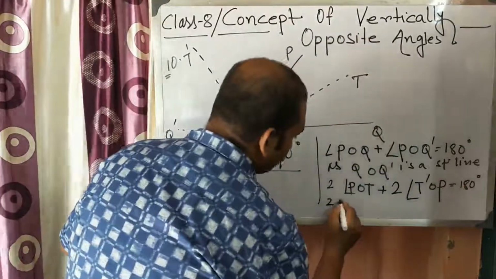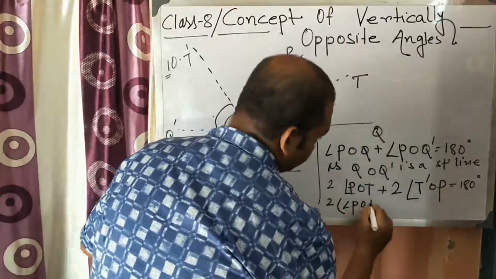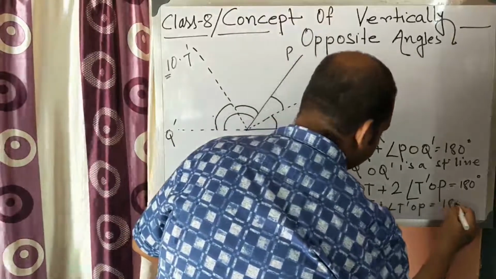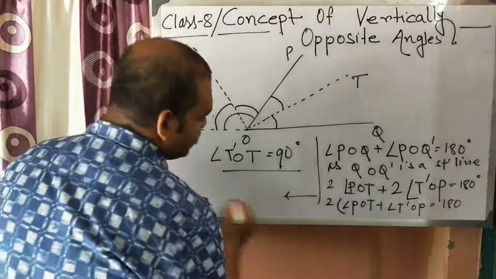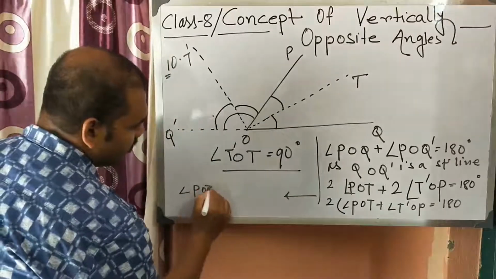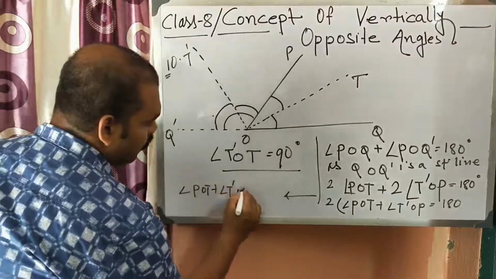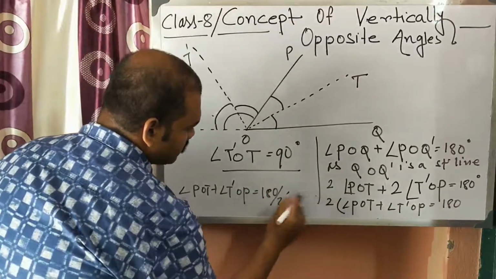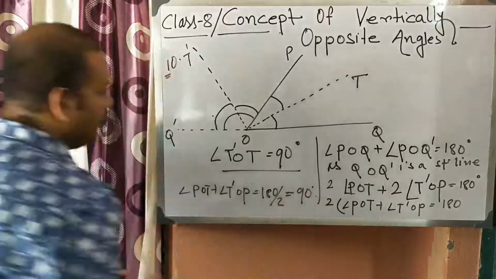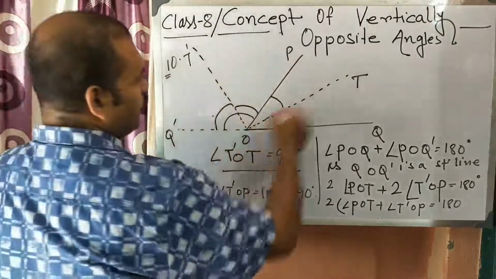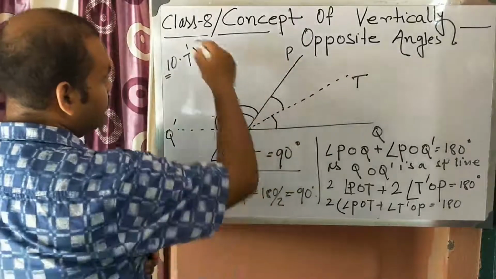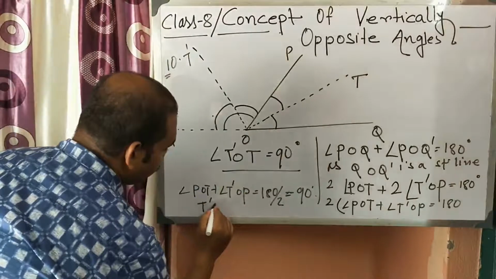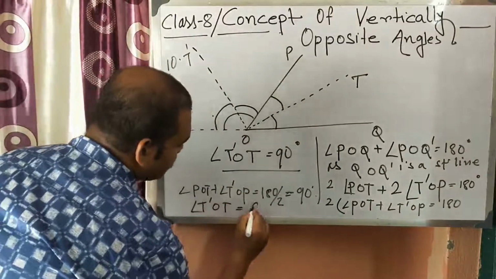Now if 2 is common, then angle POT plus angle T prime OP is equal to 180 degrees divided by 2, so it is equal to 90 degrees. So POT plus T prime OP, that is T prime OT, is the angle whose measure is 90 degrees.